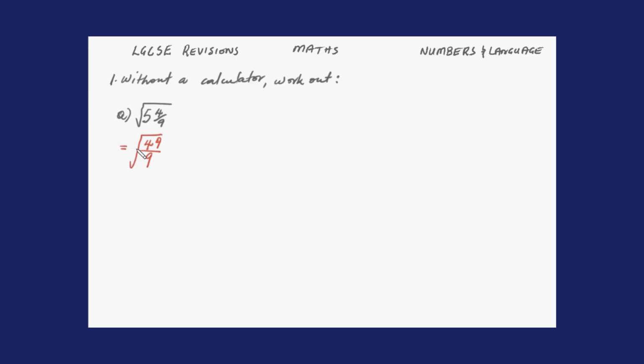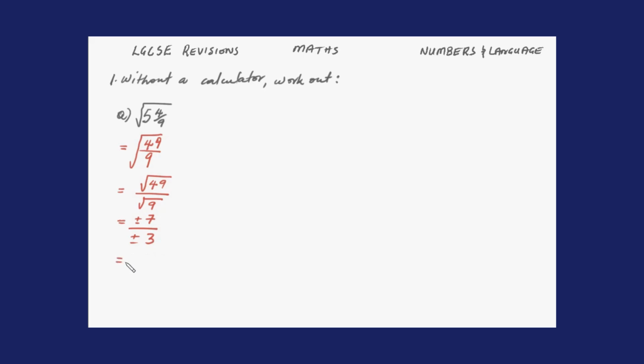And now you can say, all right, I can just separate the square root of the numerator alone divided by the square root of the denominator alone. Now, the square root of 49 will be plus or minus 7, over the square root of 9, that is plus or minus 3.